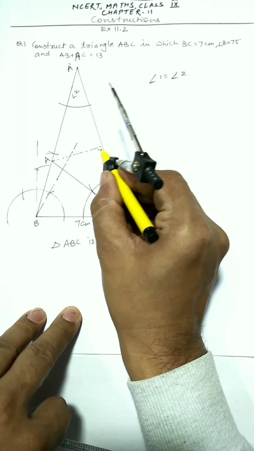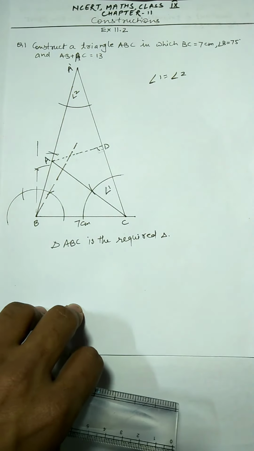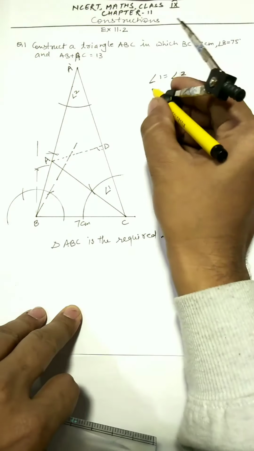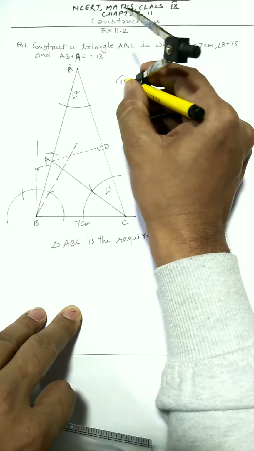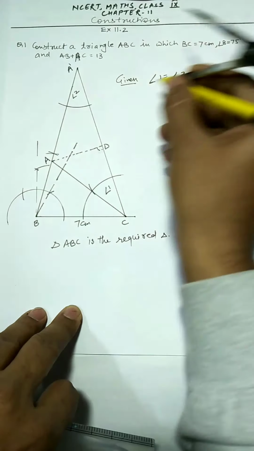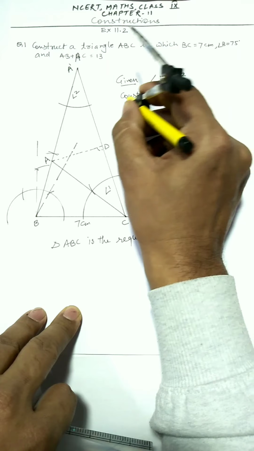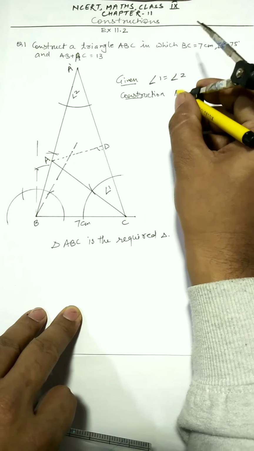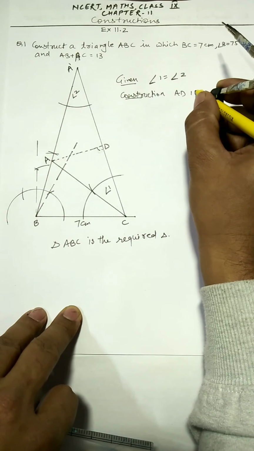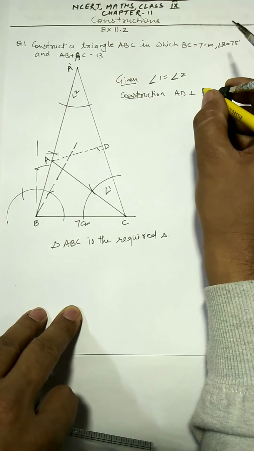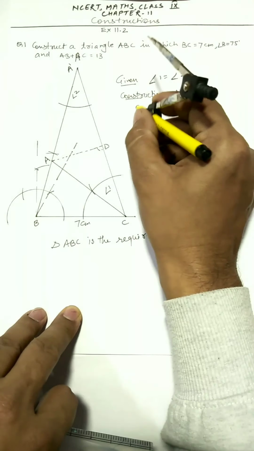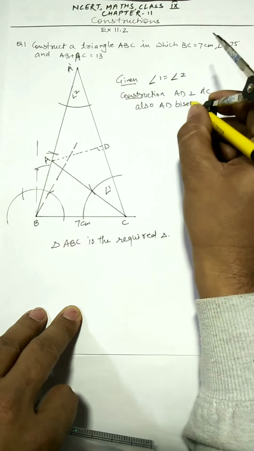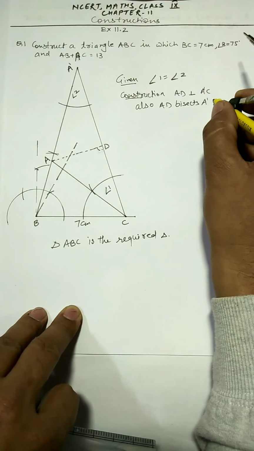We have drawn this AD perpendicular to A dash C. This is given, and in the construction we take AD perpendicular to A dash C. Also AD bisects A dash C.